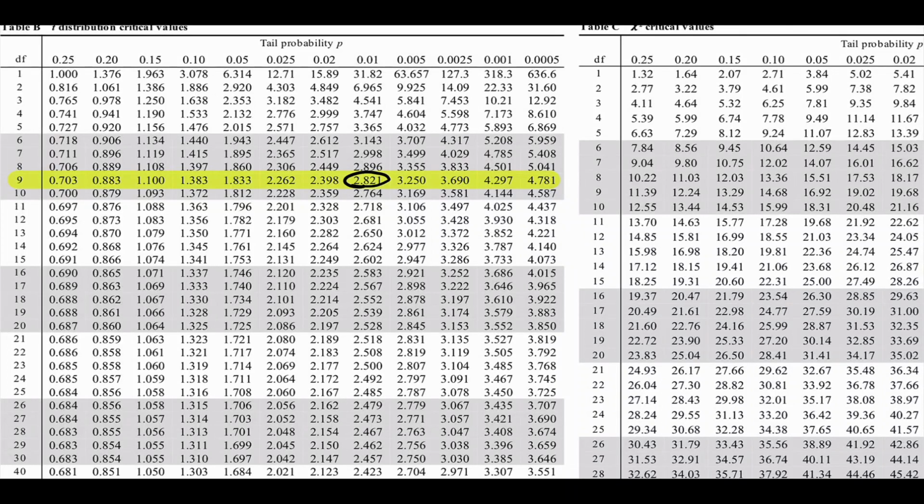It's actually between these two. So we're not going to get an exact p-value, but I am going to get something that's close. I get a p-value, and then I go to the top.